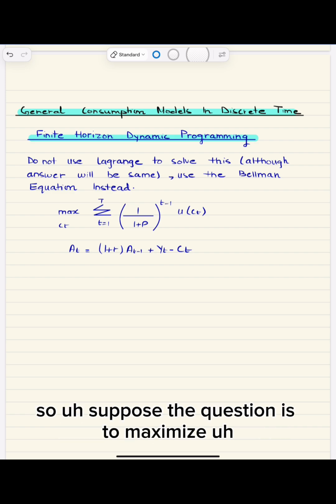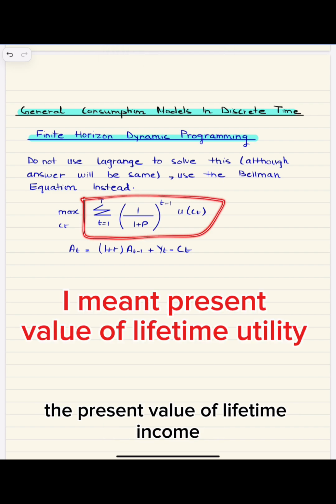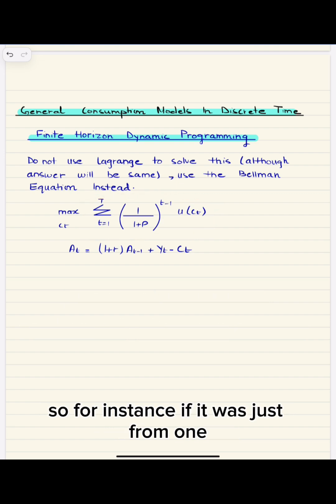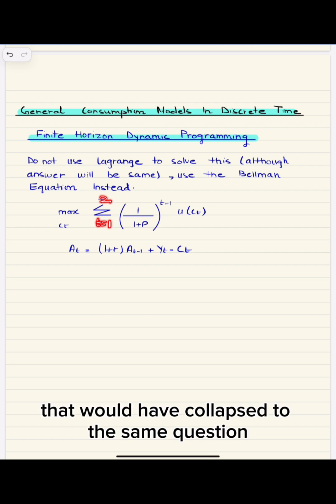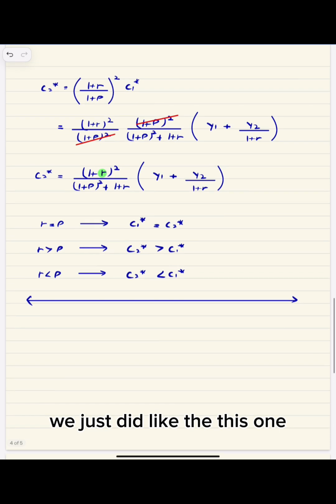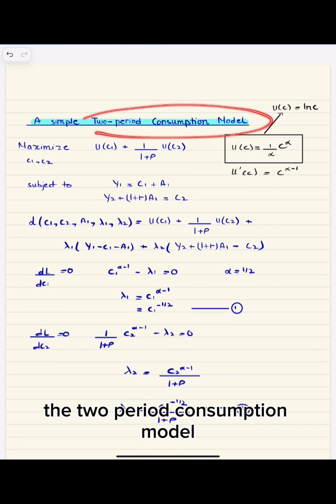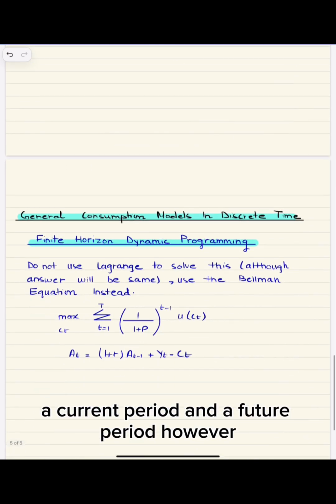So suppose the question is to maximize the present value of lifetime income, but in this case we don't have two time periods. If it was just from 1 to 2, that would have collapsed to the same question we just did, the two period consumption model, in which the only concern was a current period and a future period.